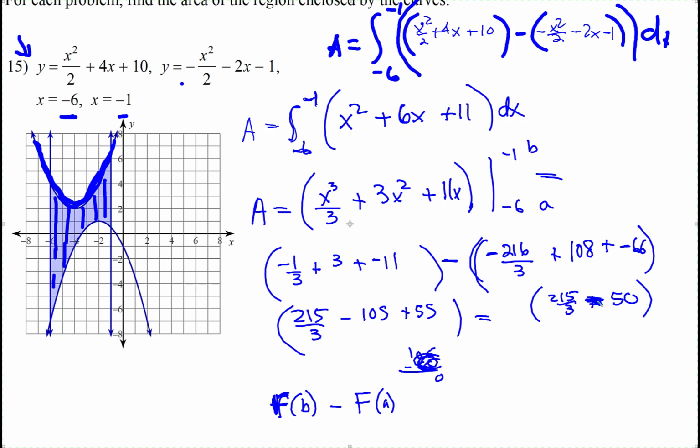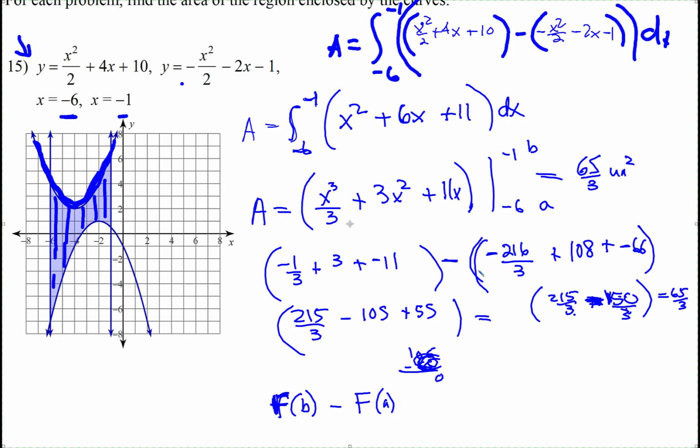And then go ahead and do the math. If I want to turn this into the same denominator, I'll multiply top and bottom by 3. That will be 150 thirds. So 215 subtract 150 is 65 thirds. 65 thirds units squared. And then you could also do the decimal value, which sometimes is helpful.